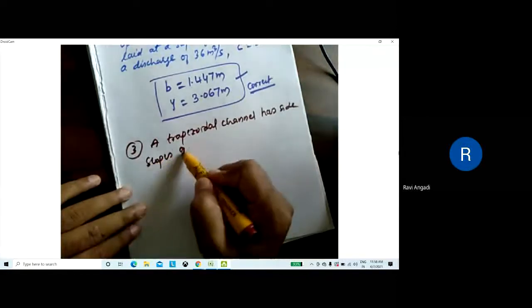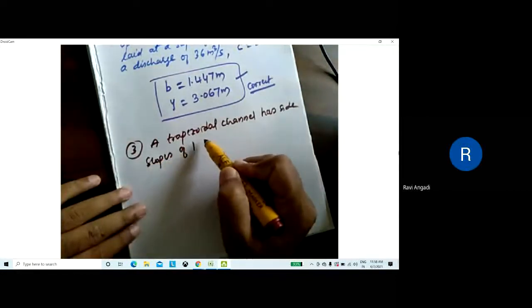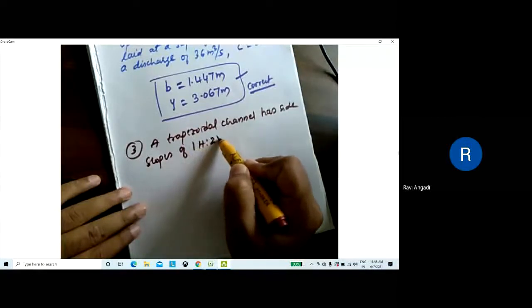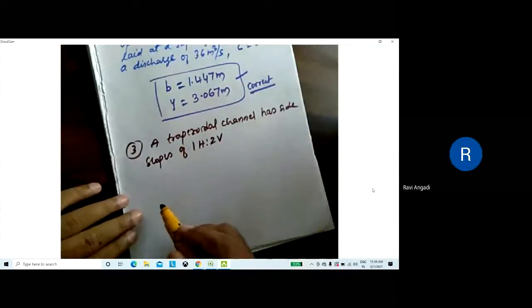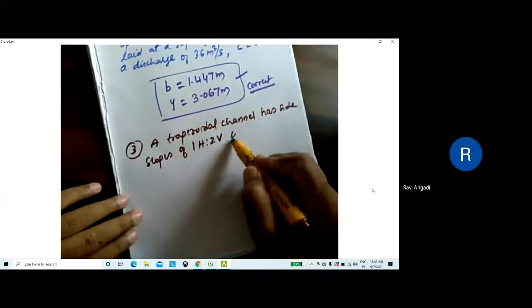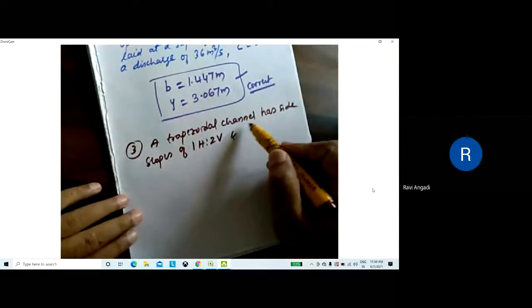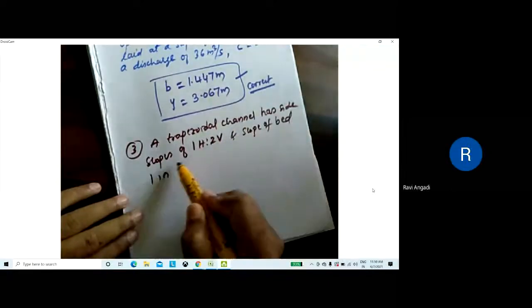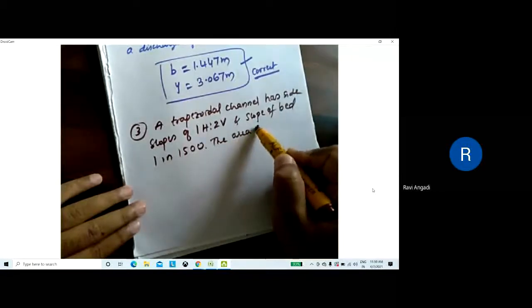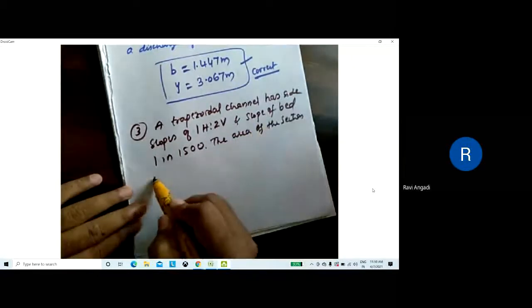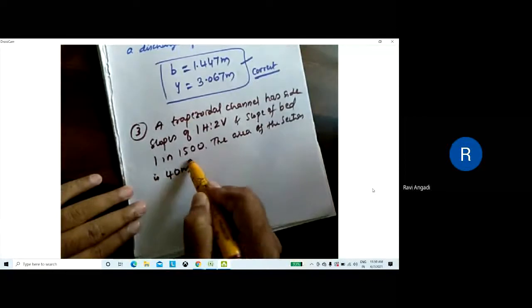Side slopes of 1 horizontal to 2 vertical, and slope of bed 1 in 1500. The area of the section is 40 meters square.